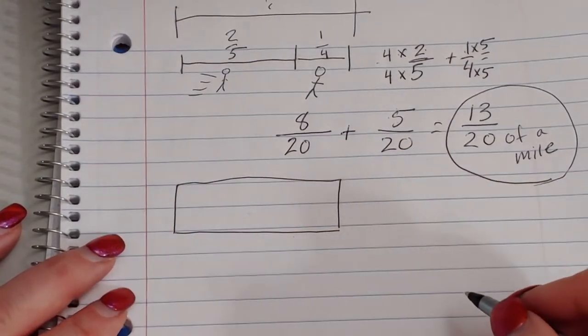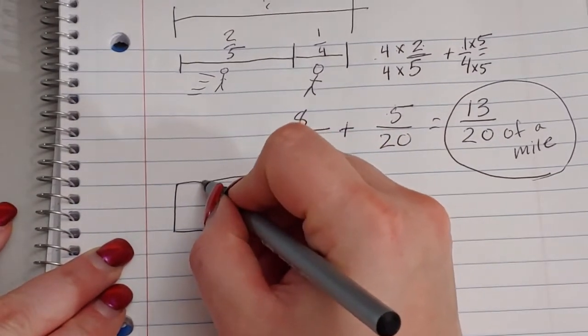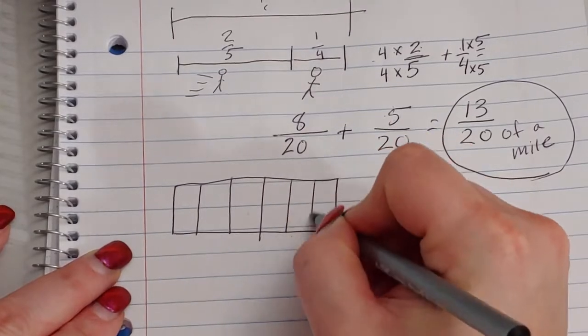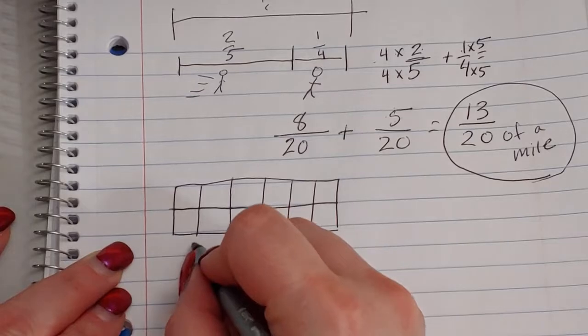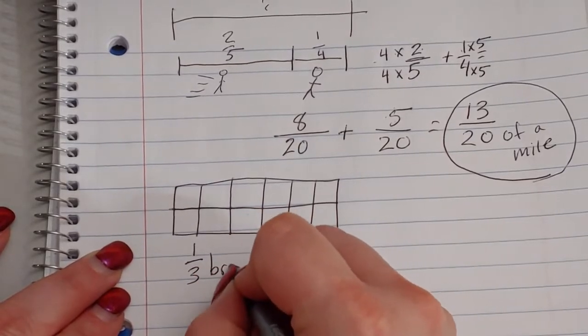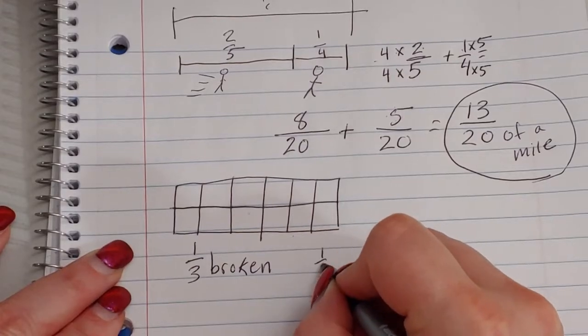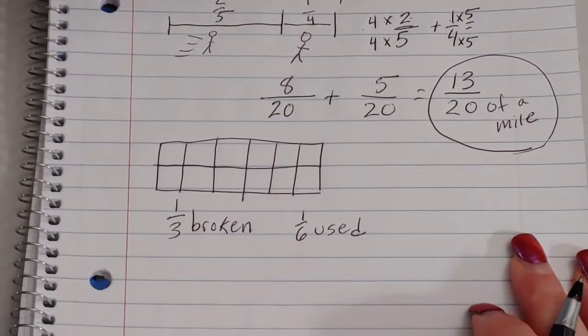Egg carton fractions should sound a bit familiar. You used those in 4th grade. So 1, 2, 3, 4, 5, 6. So we have 1/3 broken. She used 1/6. So we're trying to figure out how many is left.